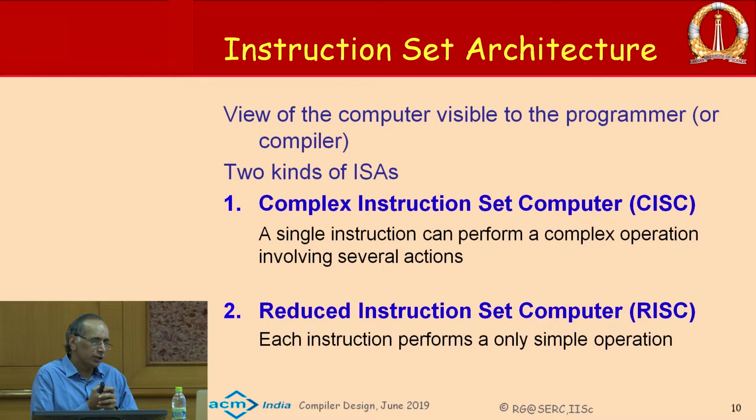In a complex instruction set computer, as the name suggests, it can host complex operations, right? Typically it will host operations which involve operands from memory and registers, or memory and memory, depending on how complex the instruction is. Whereas in a reduced instruction set architecture, arithmetic and logic operations can only have register operands, right? Only load and store instructions can have memory operands.